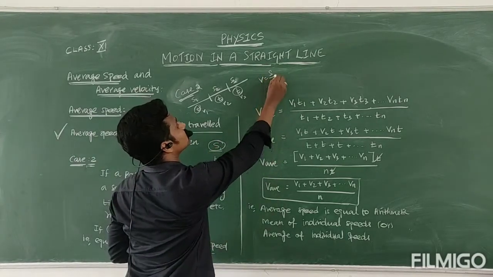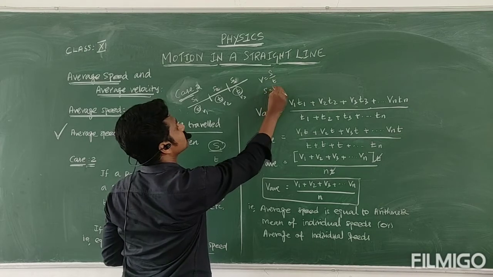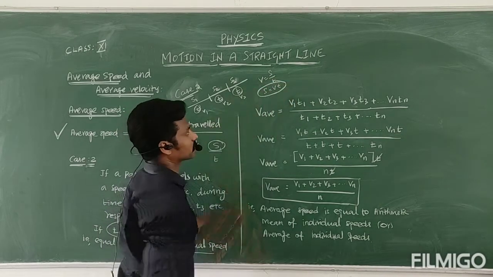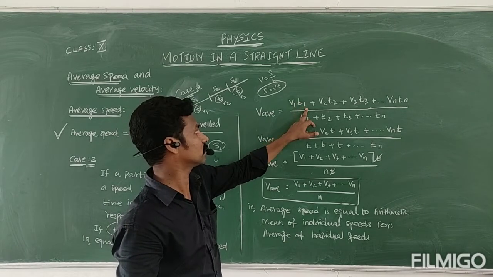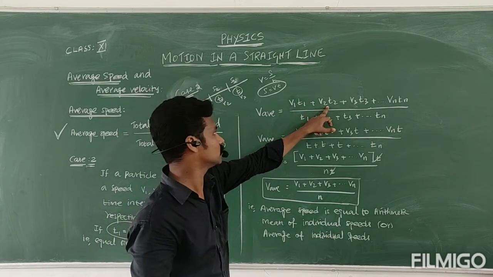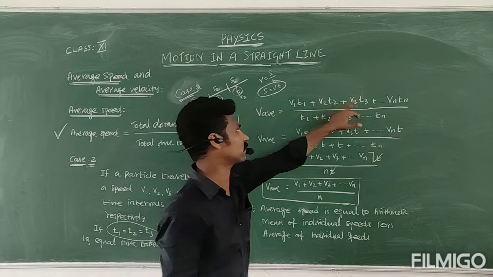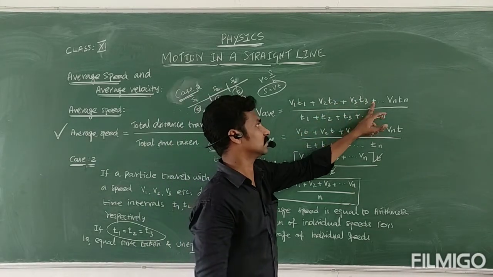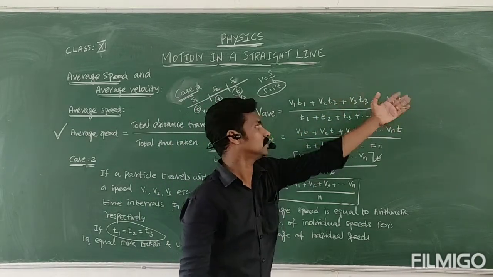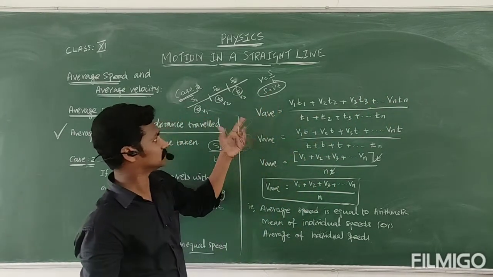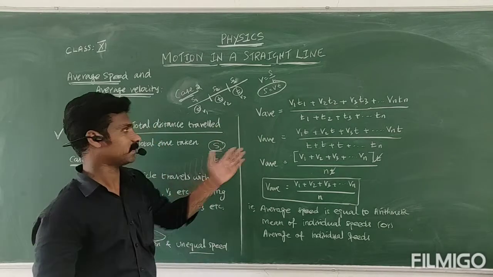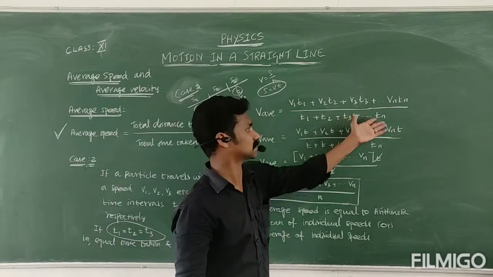Speed is equal to distance divided by time, so distance is equal to speed into time. So instead of S1, v1 t1, instead of S2, v2 t2, instead of S3, v3 t3, up to vn tn. Then divide by the total time taken: t1 plus t2 plus t3 etc.